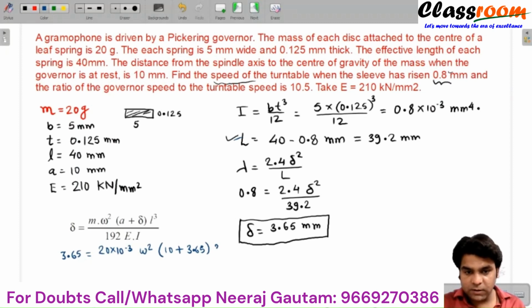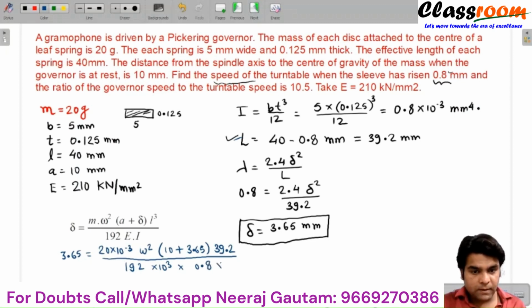is 39.2, divided by 192 E, 210 into 10 raised to 3 Newton per mm square, into I, 0.8 into 10 raised to minus 3 mm to the power 4.